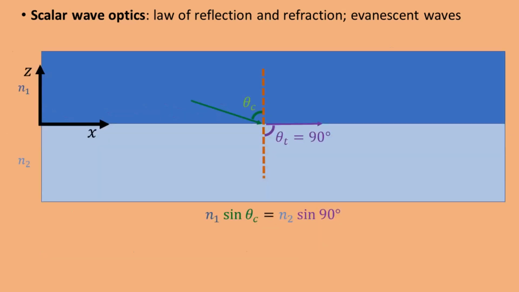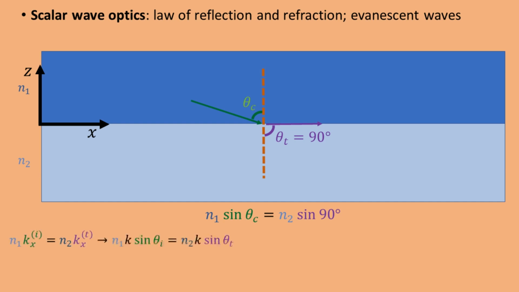So what can we derive with the scalar wave model that we couldn't derive using the ray model? Recall that in the ray model we could define a critical angle at which the transmitted ray is parallel to the interface. We said that if the incident angle is larger than the critical angle, no transmission can take place, and the ray is totally internally reflected. But let's see what happens when we analyze the situation using continuity of the tangential component of the k-vector.